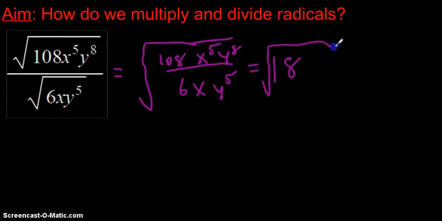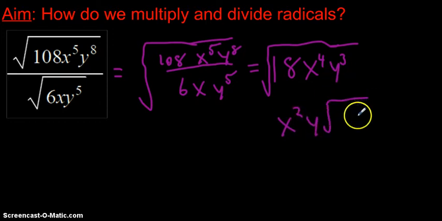This is all inside the radical. X to the 5th divided by x to the 1st is x to the 4th. Y to the 8th divided by y to the 5th is y to the third. And now we can simplify this radical. X to the fourth becomes x squared when it comes out. Y to the third becomes y when it comes out, leaving a y inside with the 18.